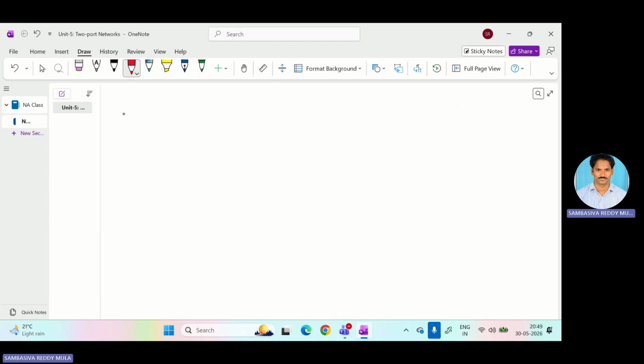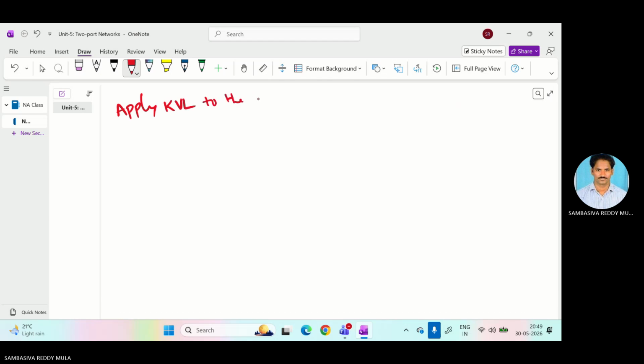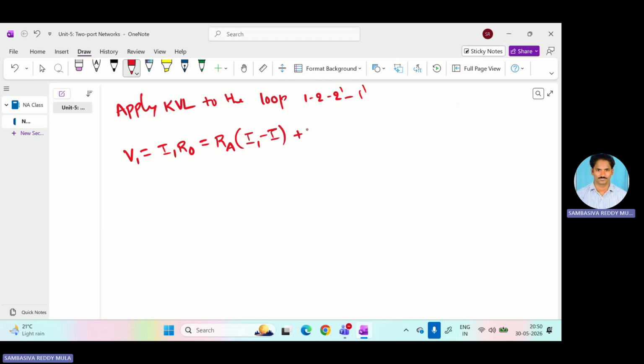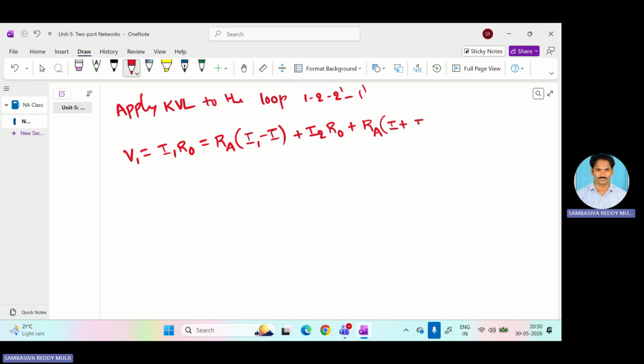Applying KVL to the network along 1 to 2 to 2 dash then 1 dash, V1 is I1 into R0, and we know that it is equal to RA into I1 minus I, plus I2 into R0, plus R0 into I2, plus RA into I plus I2.